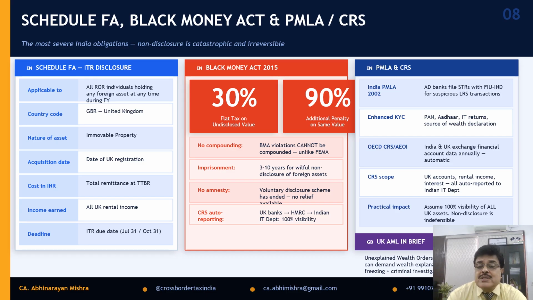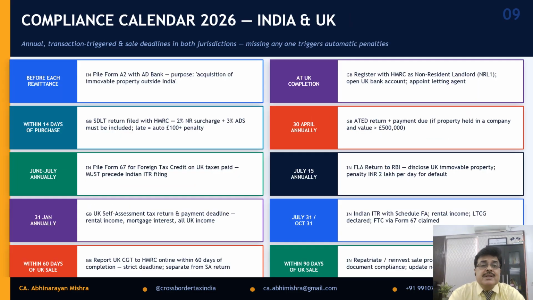So UK accounts, rental income, interest, all are auto-reported to the Indian IT department. So assume 100% visibility of all UK assets. Non-disclosure is indefensible. This is about the Indian situation when you violate this.